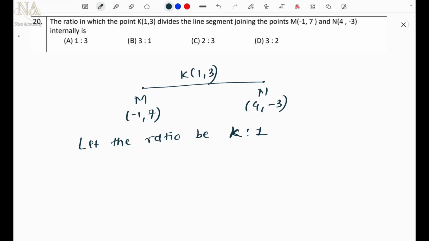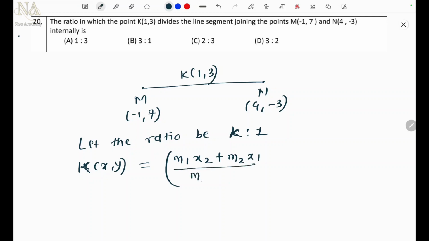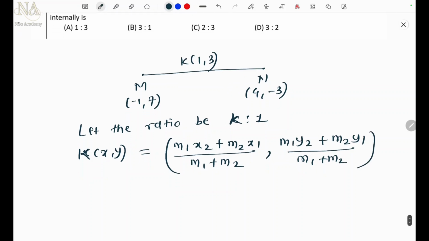So we use here the section formula obviously. For a given point, suppose K(x, y), the section formula is M1x2 plus M2x1 upon M1 plus M2, and M1y2 plus M2y1 upon M1 plus M2. Now here you have K(1, 3), and M1 is to M2 is K is to 1.